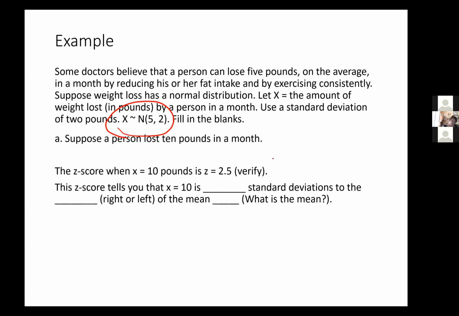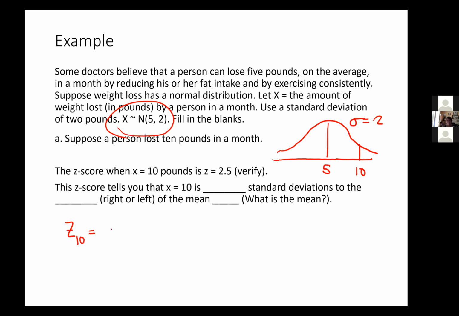Let's verify that. So I'm going to draw myself a picture because I am nothing without a picture. So it's a normal distribution whose mean is 5 and whose standard deviation is 2. So 10 is over here, to the right of the mean. So how do we find the z-score?